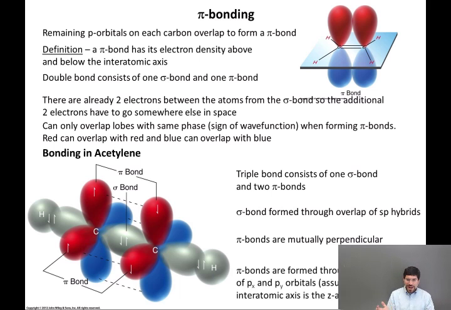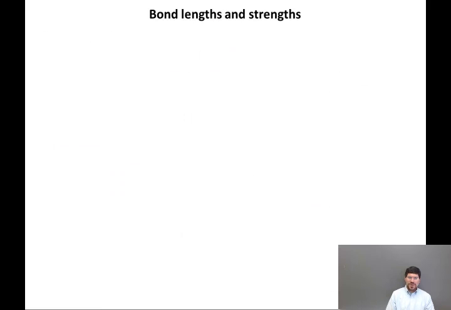Those pi bonds, of course, are formed through the overlap of the px and the py orbitals on each carbon atom, assuming that the interatomic axis is the z-axis, which is how we typically define it.